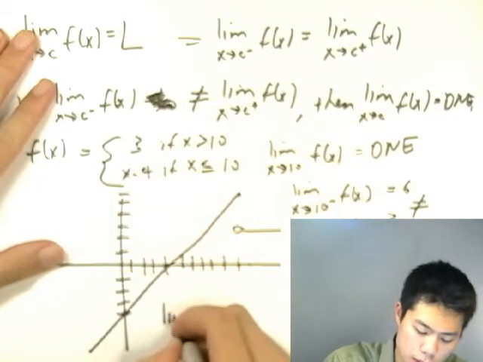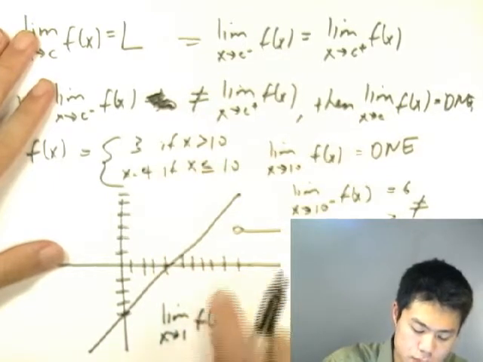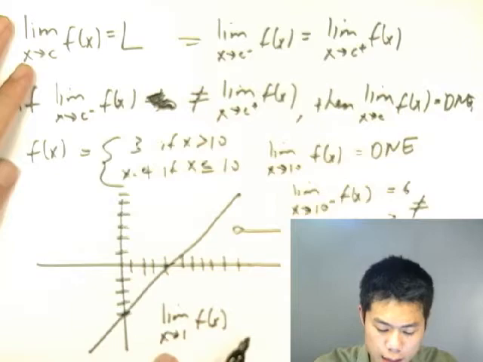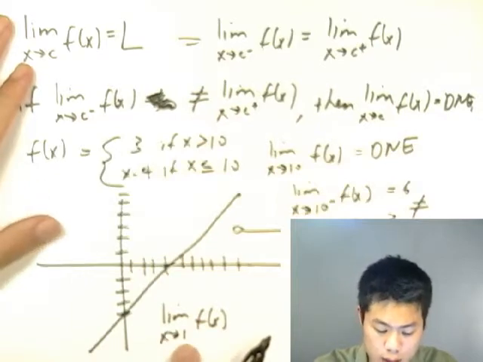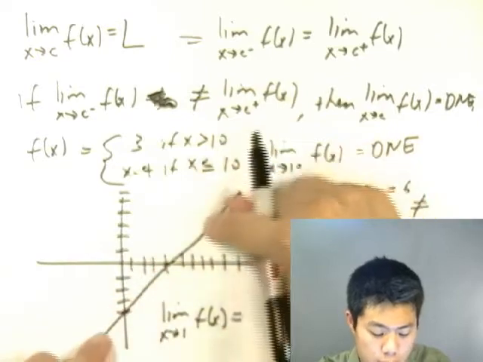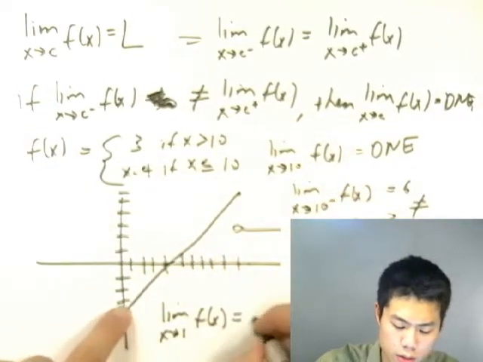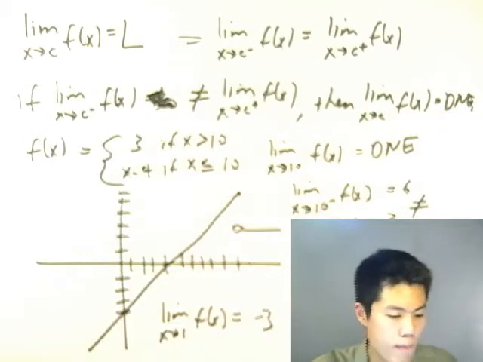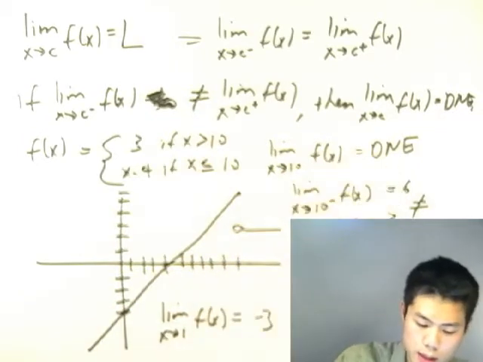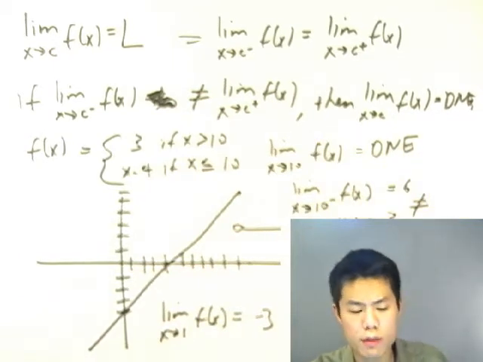If I were to ask the limit of f of x as x approaches 1, it's perfectly fine. The left-hand limit is equal to the right-hand limit, and they're both equal to -3. So we can see here that a limit cannot exist if the left-hand limit does not equal the right-hand limit.